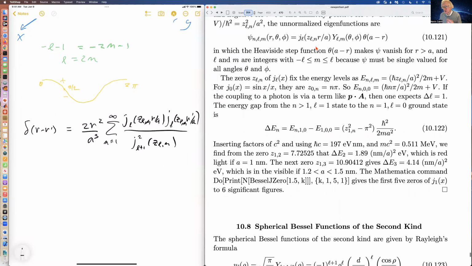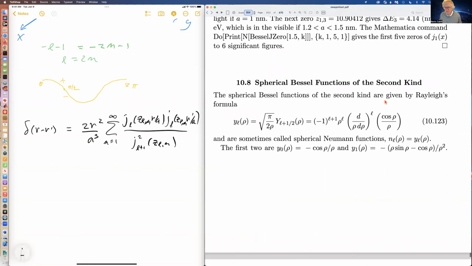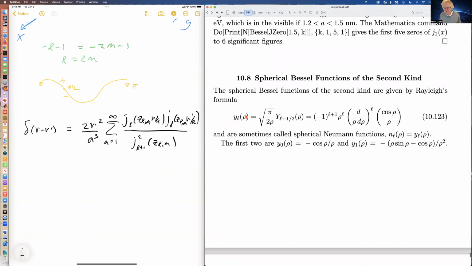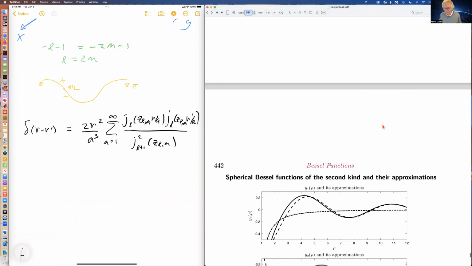The reason it's actually 0 is that the potential is infinite. If it were a finite potential, then there'd be some leakage of the function into the region r greater than a. The Bessel functions of the second kind are these Neumann functions, and they're singular at the origin.